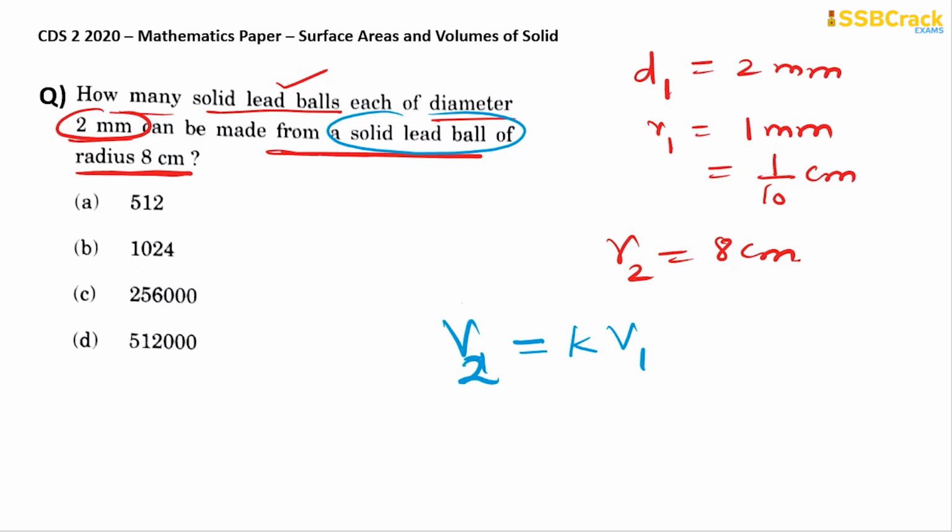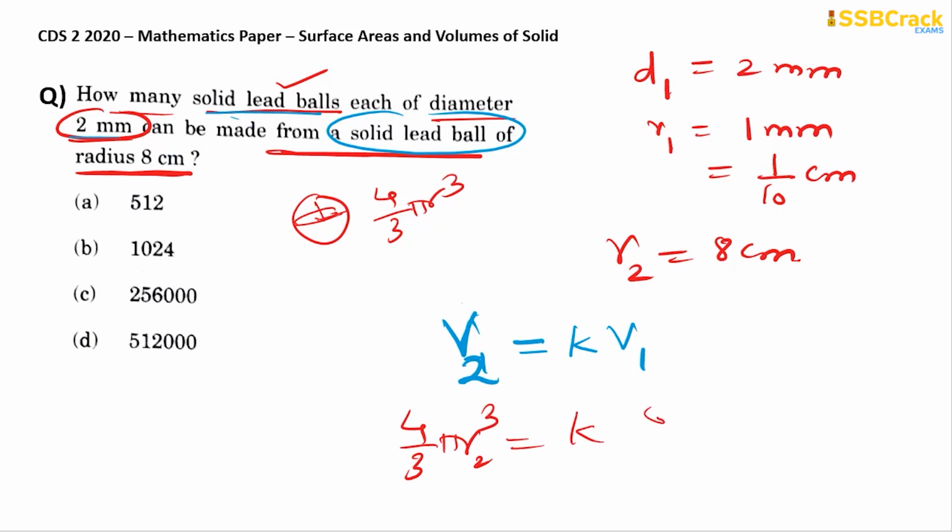We are making these small lead balls, how many can we make from the one big ball of volume V2? The lead ball is a sphere, so the formula is 4 by 3 pi r cube. For V2 we write 4 by 3 pi r2 cube, and for V1 we write 4 by 3 pi r1 cube.